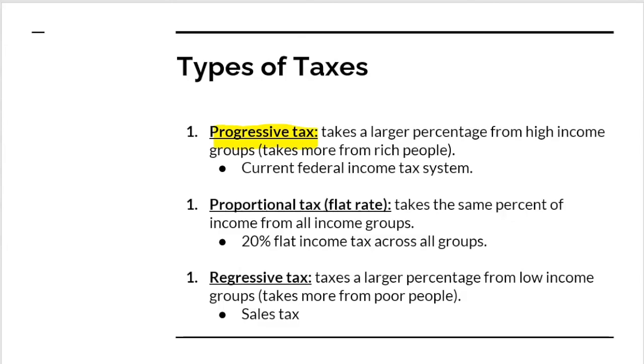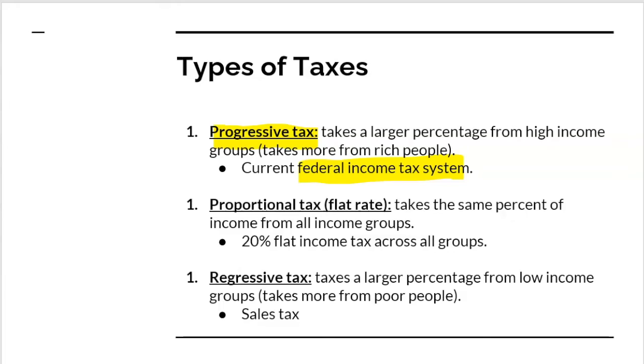A progressive tax takes a larger percent from the higher income groups. In other words, you're taxing the wealthy more. That is a progressive income tax, or just a progressive tax in general. An example is our current federal income tax system.